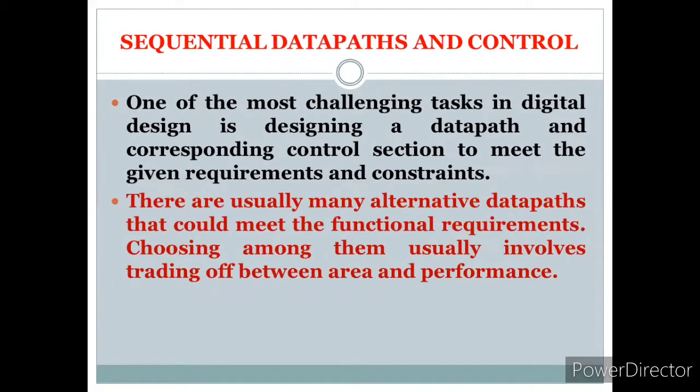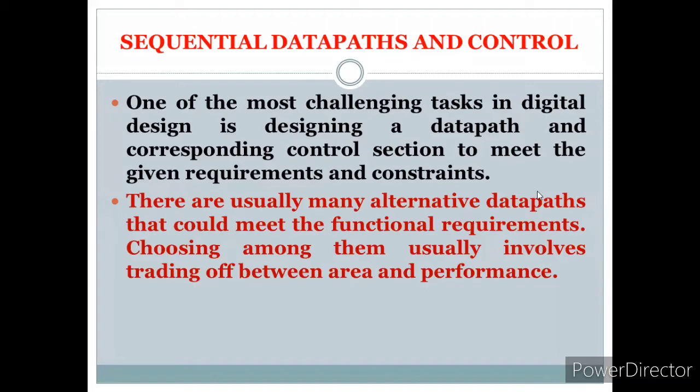One of the most challenging tasks in digital system design is designing a data path and corresponding control signals to meet the given requirement constraints. In our VLSI design, the first and foremost important task is that it should meet the requirement constraints. Whatever functionality you are executing, it should meet the requirement constraints, whether it is data path control, a design model, verification or testing.